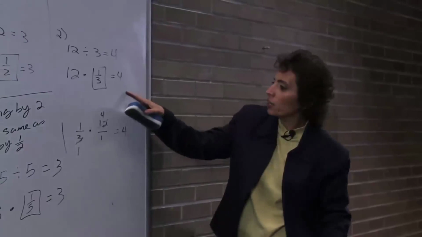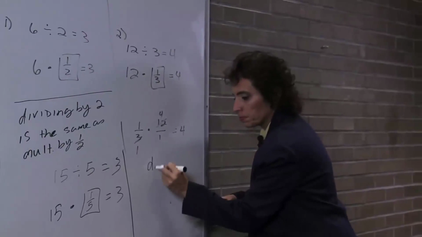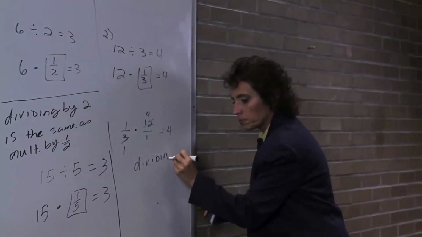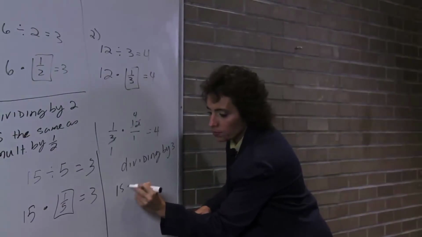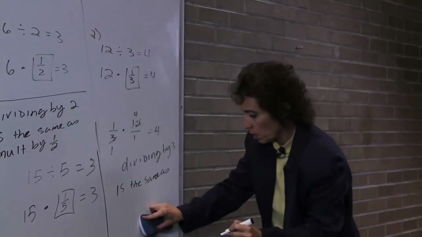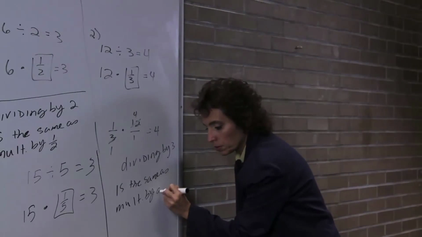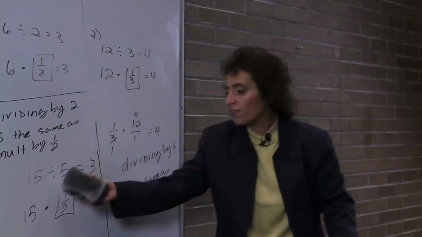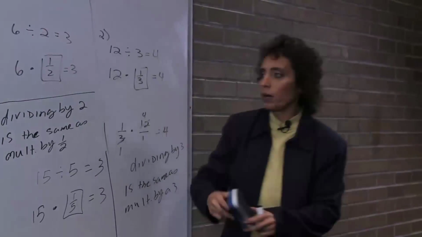I know from here that dividing by 3 is the same as multiplying by 1/3, right? And finally, dividing by 5 is the same as multiplying by 1/5. So let's talk about these numbers.